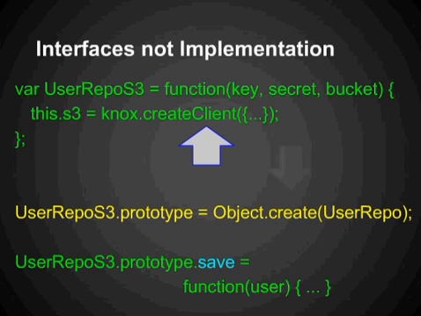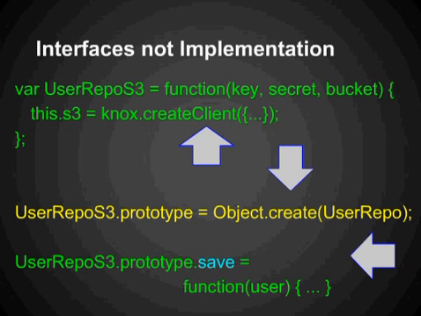Again, in my prototype, I announce to the world that I am going to be implementing the user repo interface. And then finally, on the prototype object, I blow through and implement all of those interface methods, save, get, whatever.